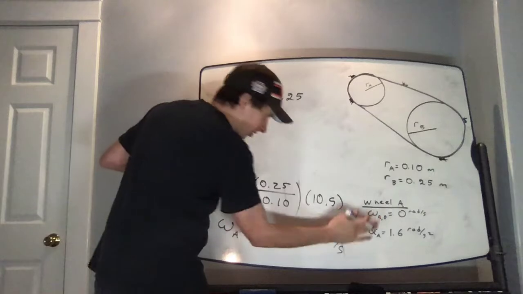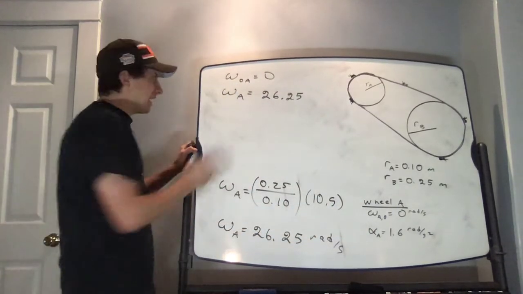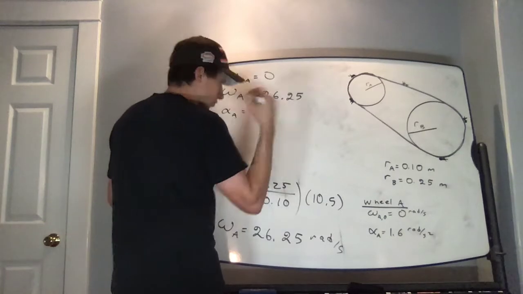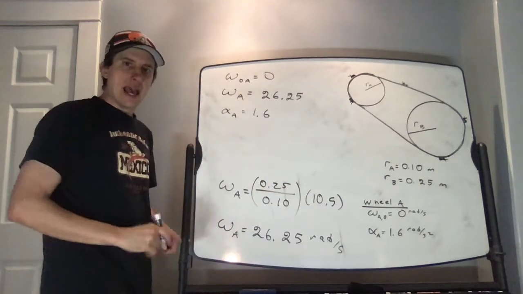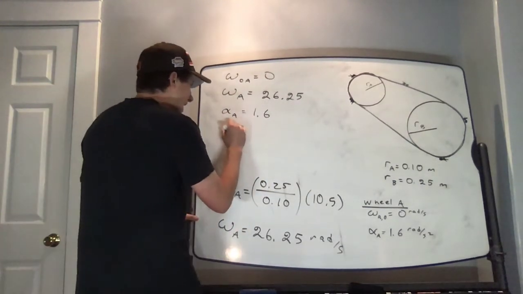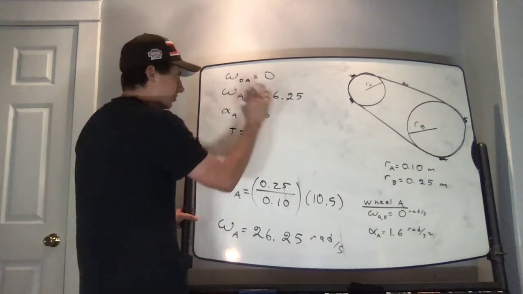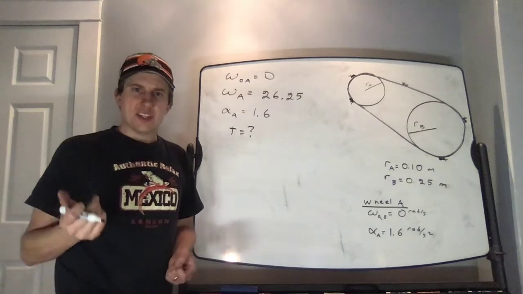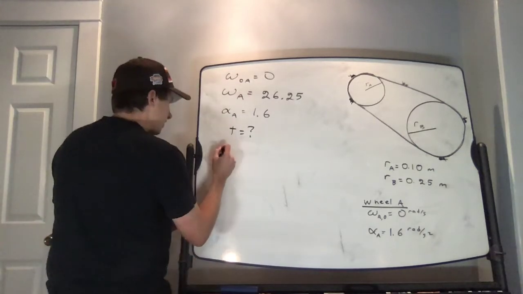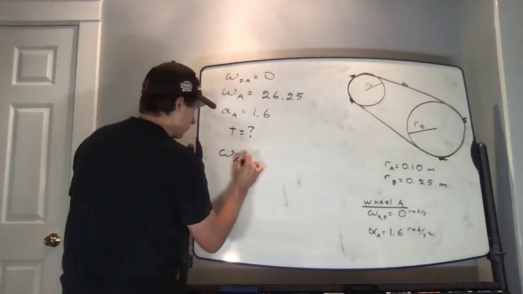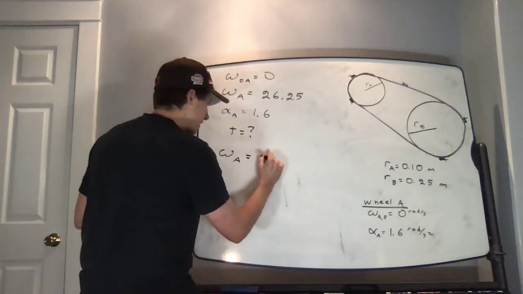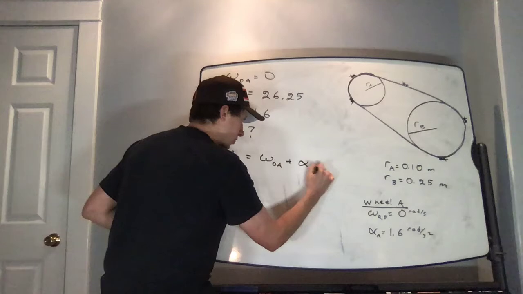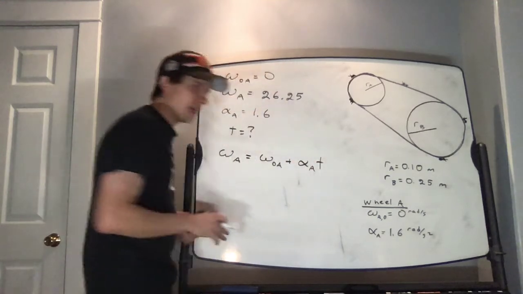We know the angular acceleration of wheel A, that is alpha_A, is equal to 1.6 radians per second squared, and we are asked to find how long it will take wheel A to reach this final angular velocity. To determine this time, I will write the final angular velocity of wheel A is equal to the initial angular velocity of wheel A plus the angular acceleration of wheel A times time.